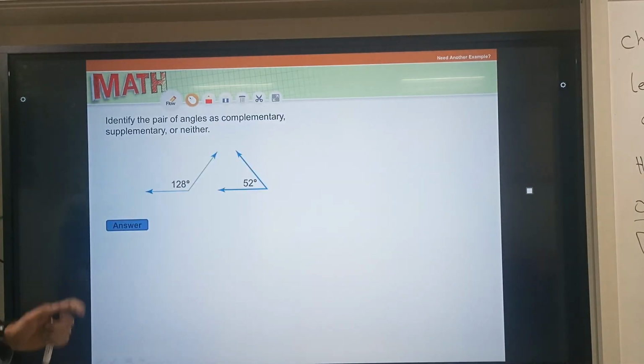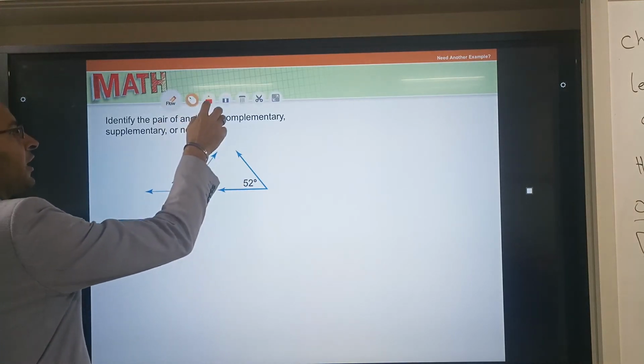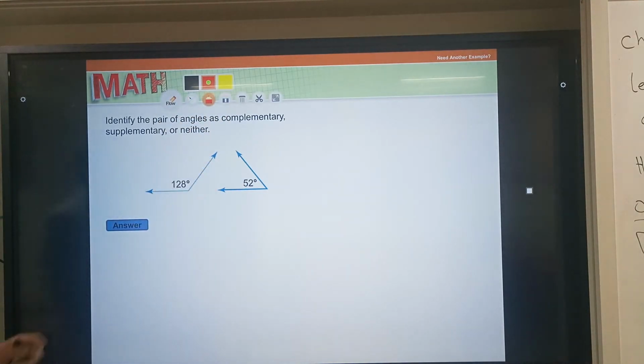Look with me at the next one. It says we need to identify which of the two will be complementary and which will be supplementary. It gives me an angle equal to 52 and the other angle equal to 128. What is the relation between them?